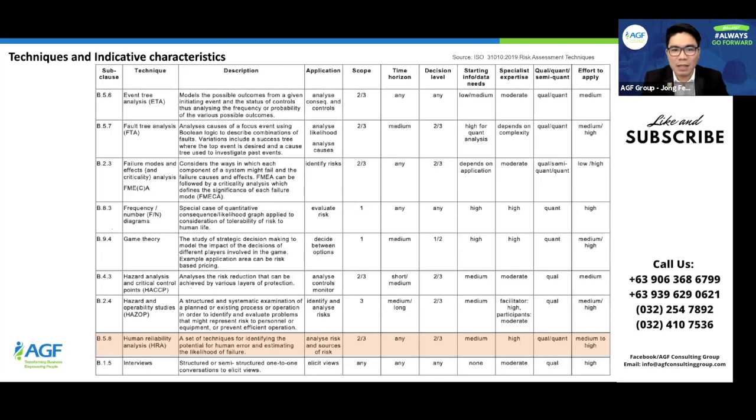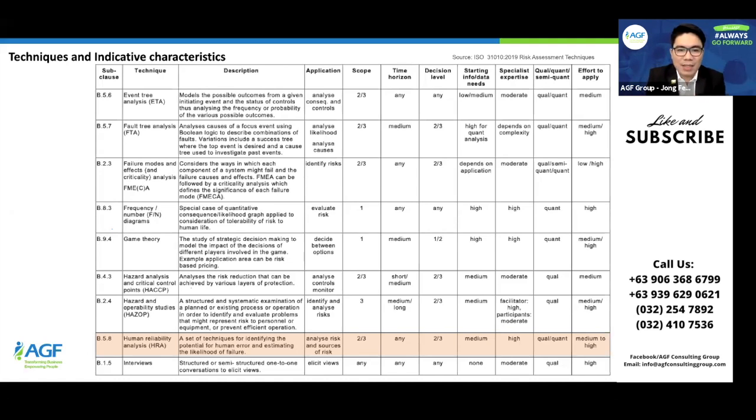And we cannot deny the fact that the human resource, or the process owner, can also be your source of risk. If you use FMEA for that, maybe it's still okay. But a more suitable risk assessment tool there is HRA, the human reliability analysis. So what is this?